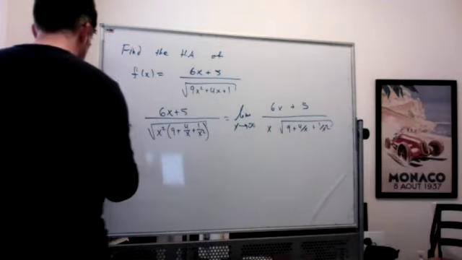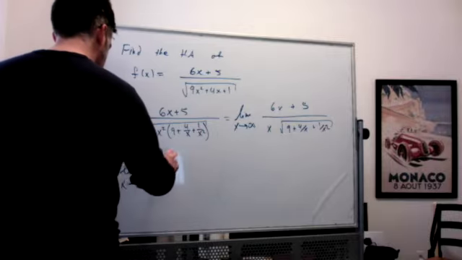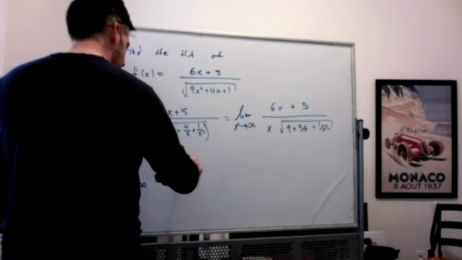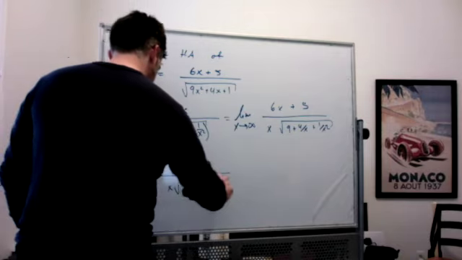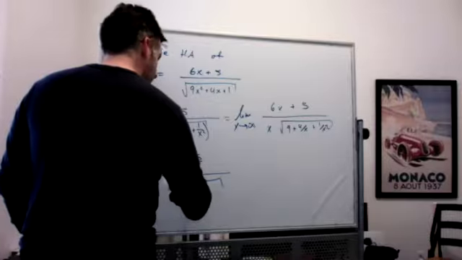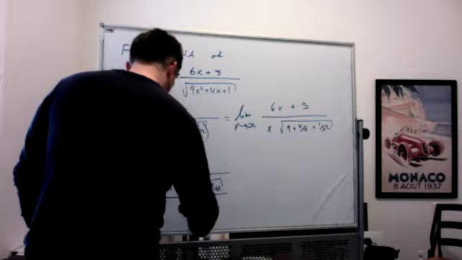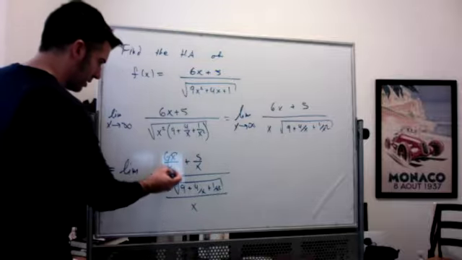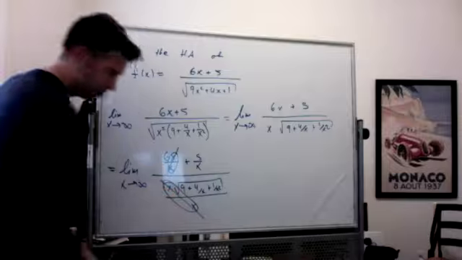So you can rewrite this as, this is going to look kind of weird. Limit as x goes to infinity of 6x over x plus 5 over x over x times the square root of 9 plus 4 over x plus 1 over x squared all over x. Here, these x's cancel. Here, these x's cancel.